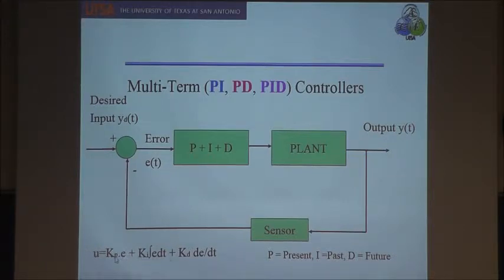P represents the error at the present time, so P stands for present. The error at this instant of time is being penalized because of Kp. The error in the past, the accumulated error through this integration, is going to be penalized by Ki, the second term.